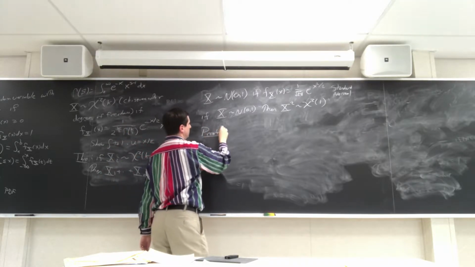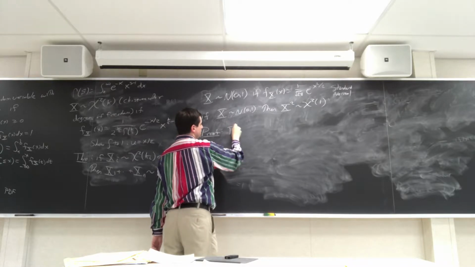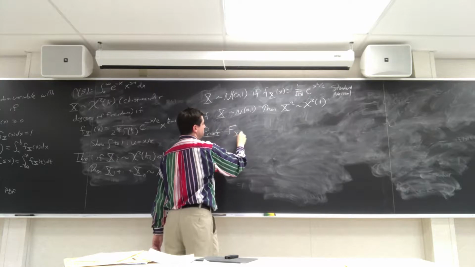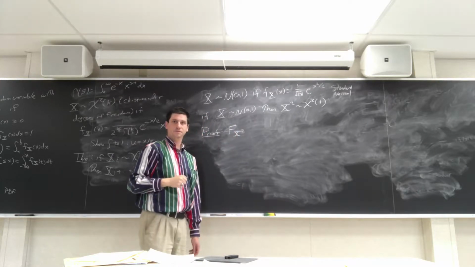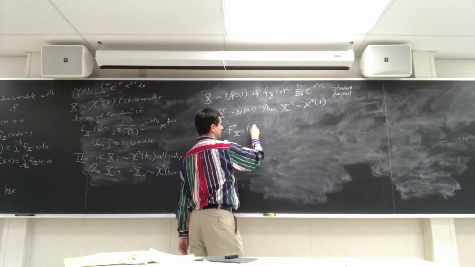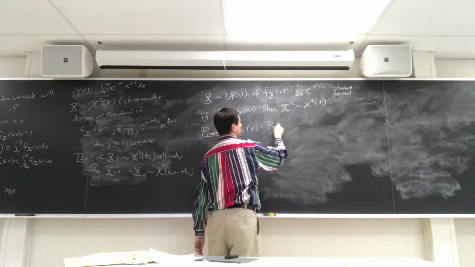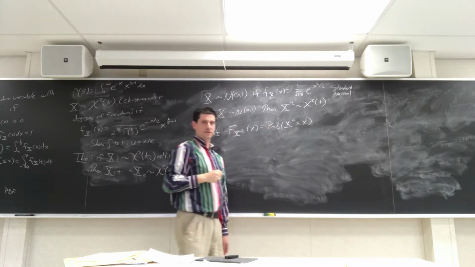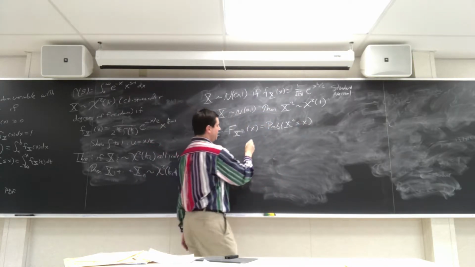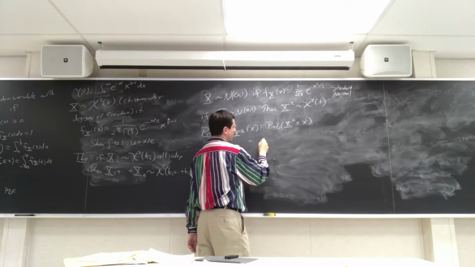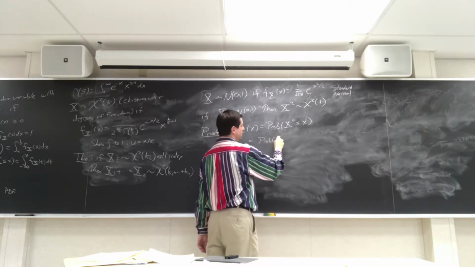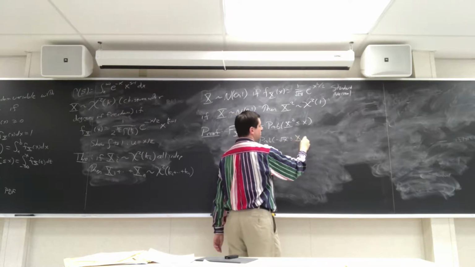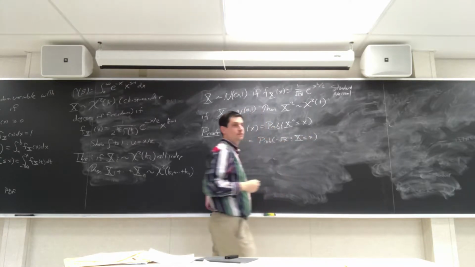Proof. Let's look at the cumulative distribution function for the random variable x squared. So this is the probability that x squared takes on a value at most little x. This is the same as the probability that negative square root of x is less than or equal to big X is less than or equal to square root of x.